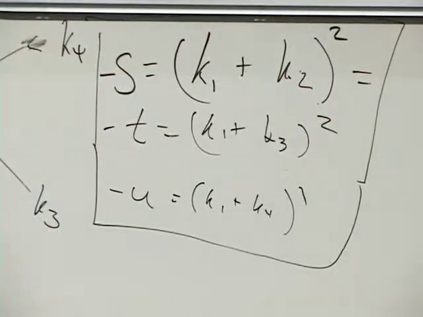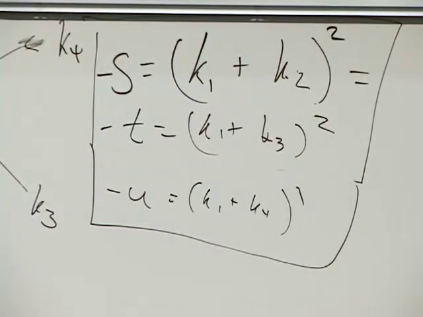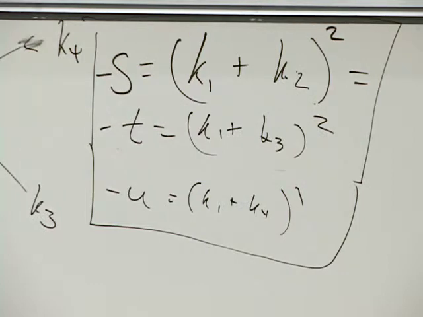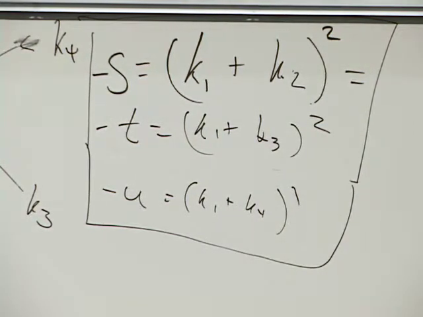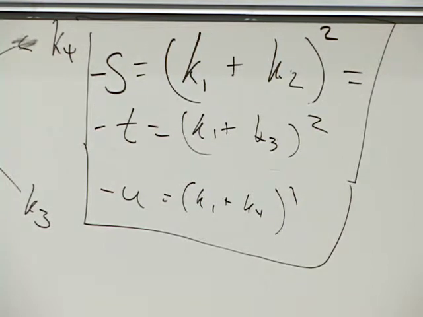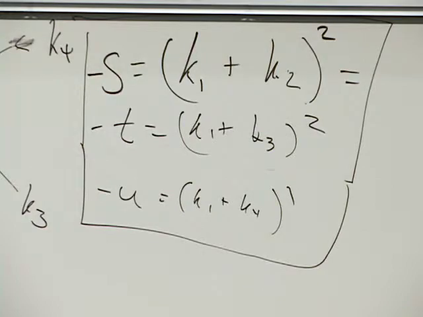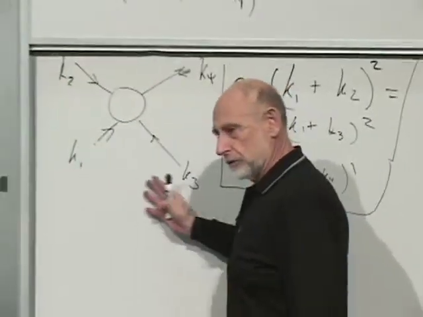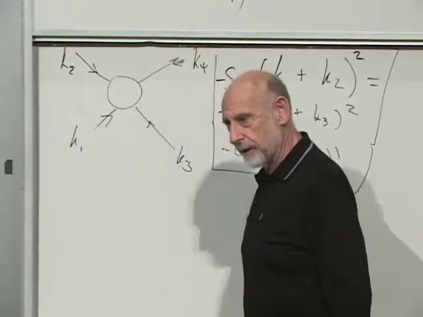Mandelstam is a currently active physicist in Berkeley, but this notation comes from the very early 60s, Mandelstam variables. And notice they have this beautiful symmetric structure. That's what's interesting about them.